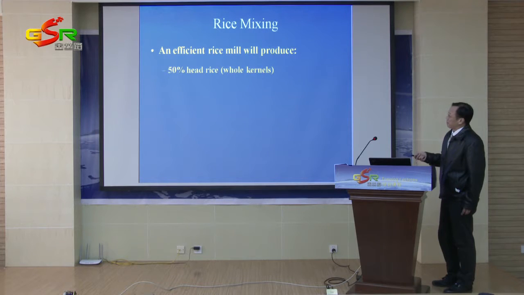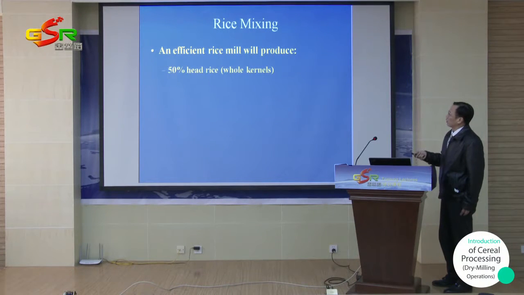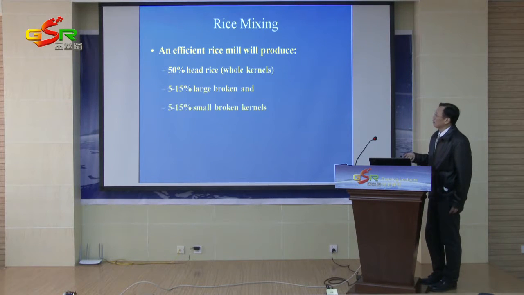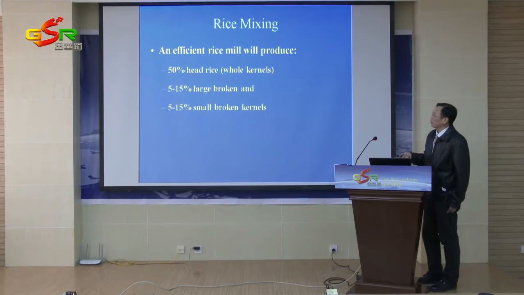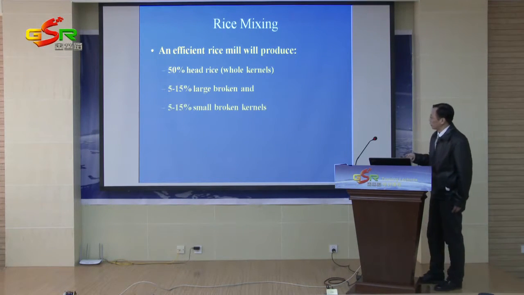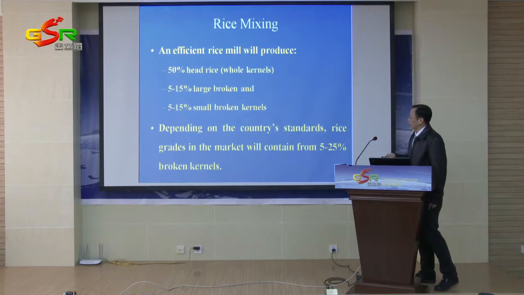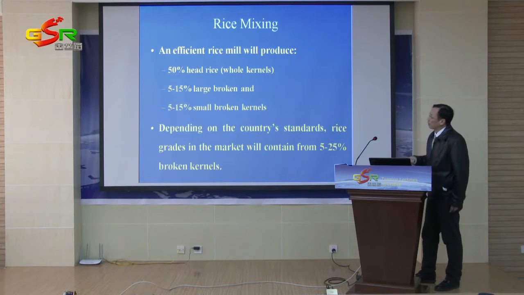Because an efficient rice milling will produce 50% of the head rice and 5 to 15% of large broken and 5 to 15% of small broken kernel. And different countries and different markets have different requirements for the large broken, small broken and the head rice ratio in different products.